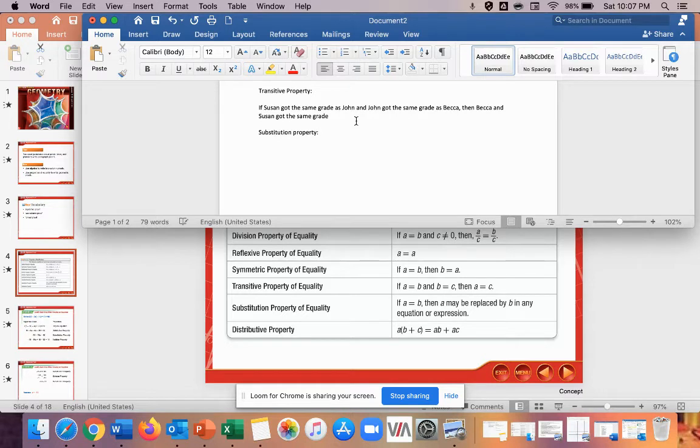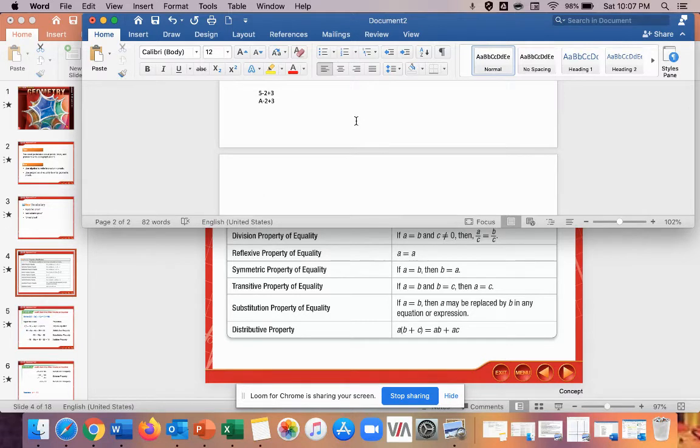All right, so if A equals 5, and you know 5 minus 2 equals 3, you can sub in A for any of those. So it would be A minus 2 equals 3. Boom, just like that. Any expression that you would like.